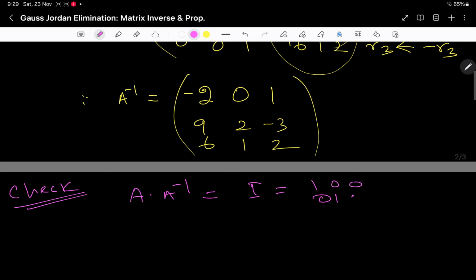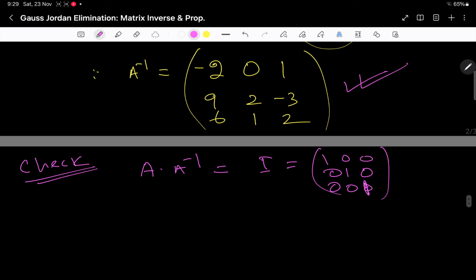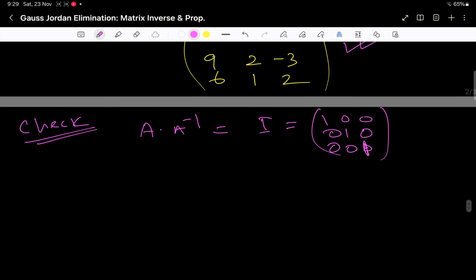Since it is a third order matrix, it must be 1 0 0, 0 1 0, 0 0 1. If you like, you can check whether you have done it correctly or not. So this is the Gauss-Jordan elimination method to find the inverse of the matrix.